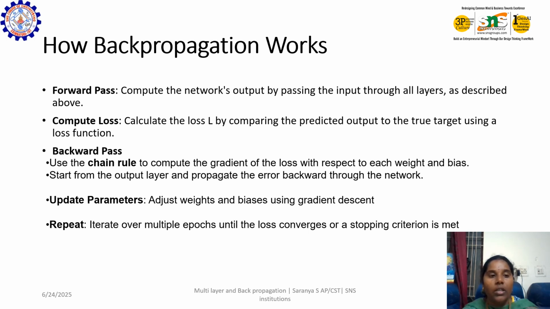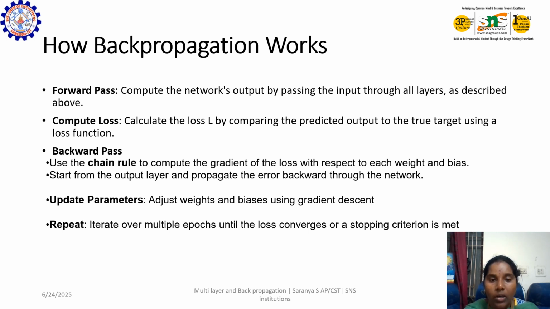It works in the forward pass and backward pass, compute loss, update the parameters, and then the final one is repeat. The forward pass and backward pass were already discussed in the previous slide. Next we have to discuss computing the loss.